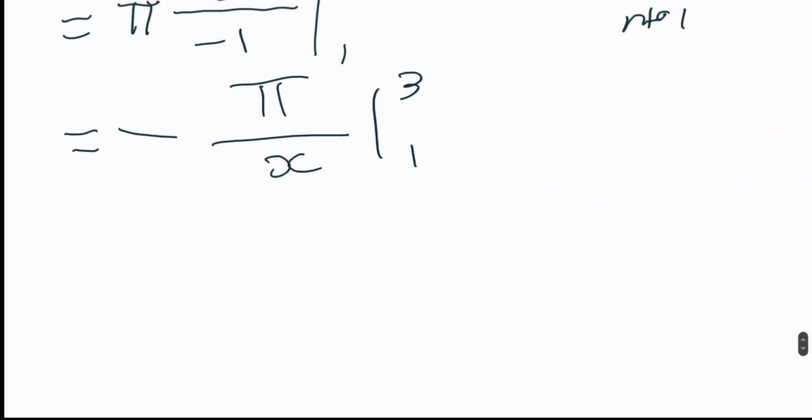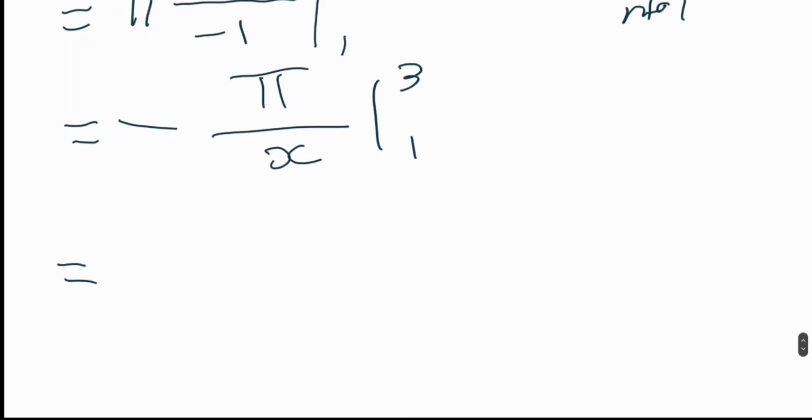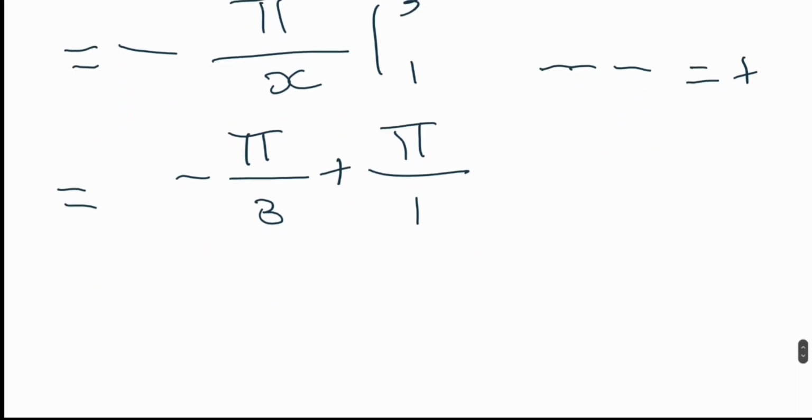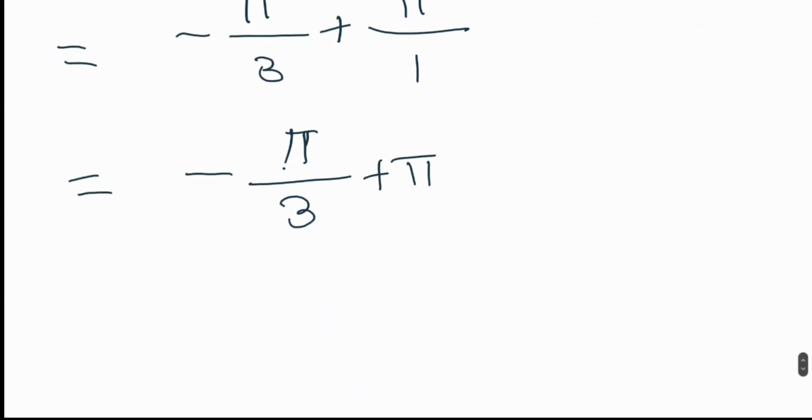Okay? So now this is going to equal negative pi over 3 plus, as a negative and a negative equal a positive, plus pi over 1. So this is going to equal, we can simplify this even more, to pi over 3 plus pi, which again we can further simplify.